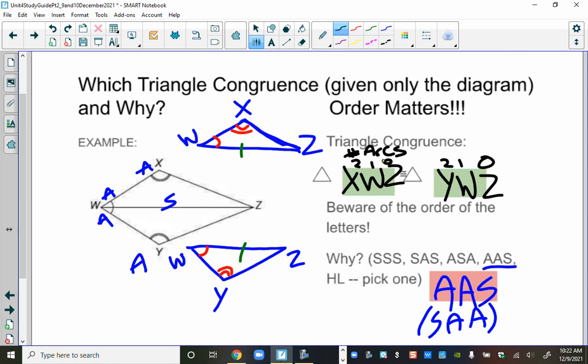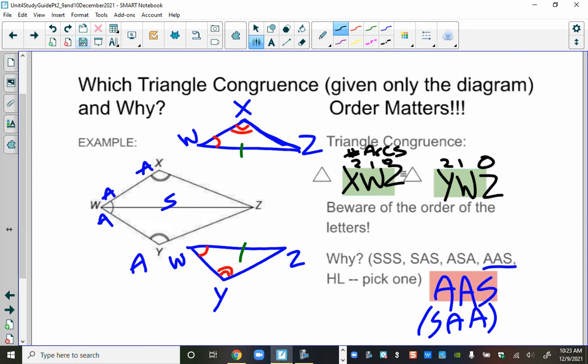Questions? Questions on this one? Yeah, and again, always, if you want to split your diagram into two separate triangles, if that's going to help you.